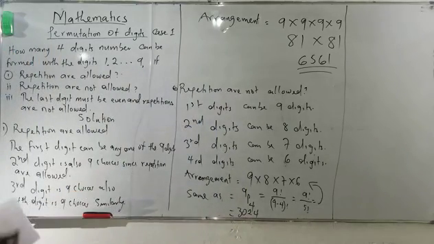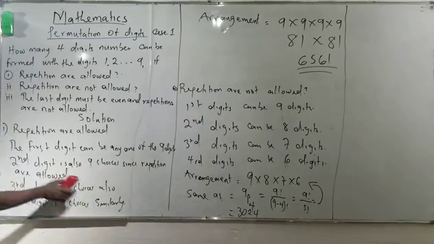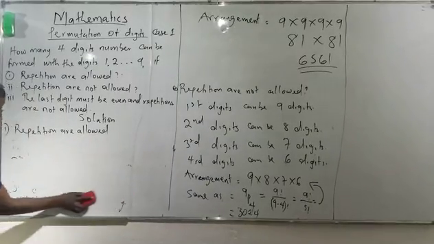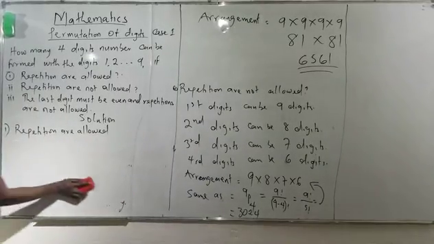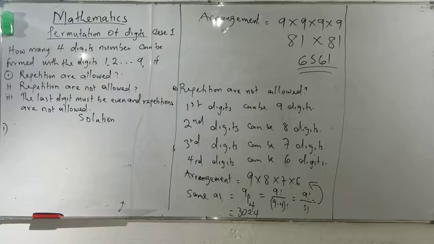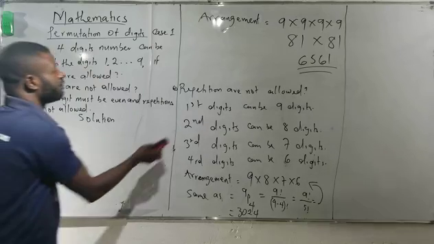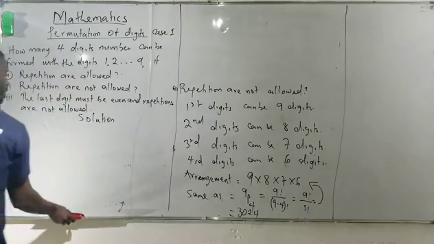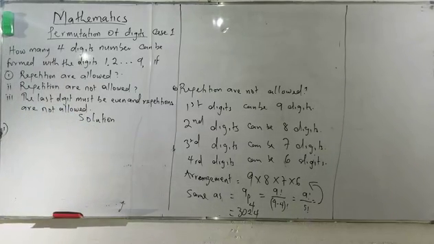Now, let's talk about the last part. Permit me to rub this beginning part. I'm so sorry. Now, the last part: the last digit must be even. Which is number 3.